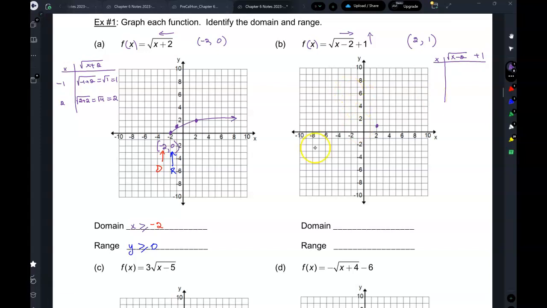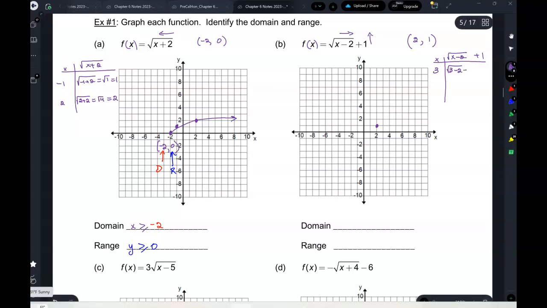So if I put 3, 3 minus 2 actually works. Okay, we'll check it right now. So 3 minus 2 plus 1, this will be 2. Right? So when x is 3, y is 2.